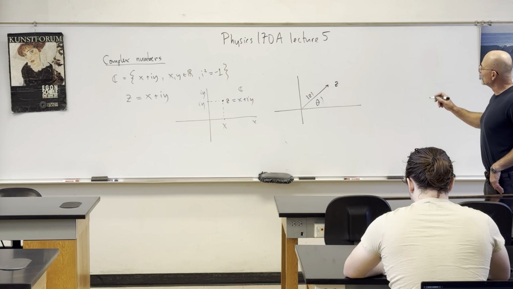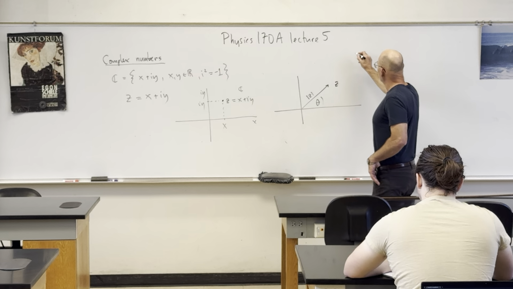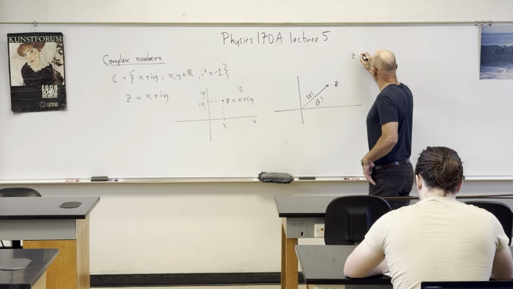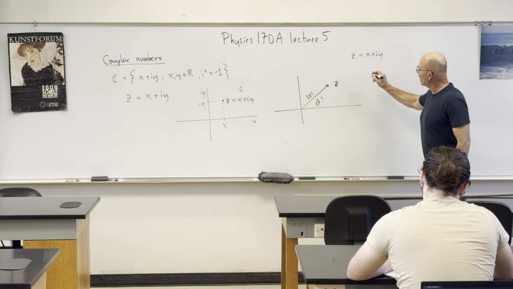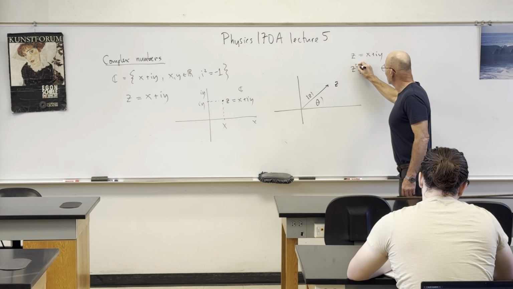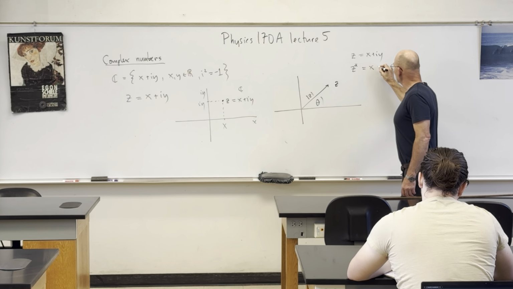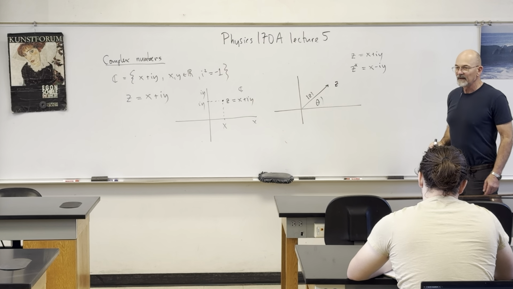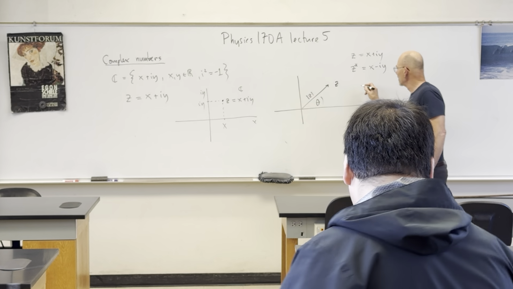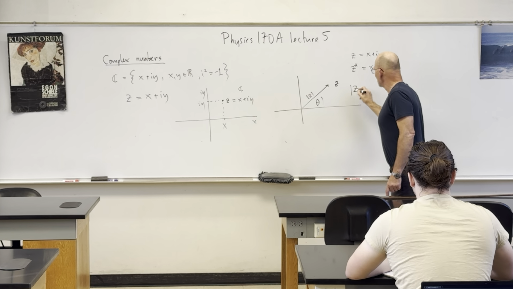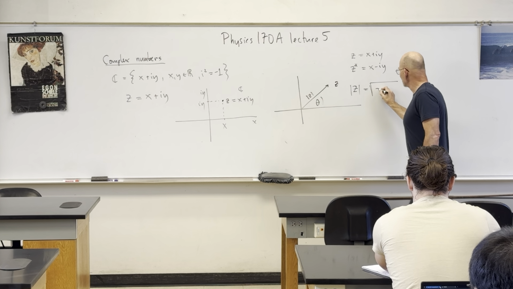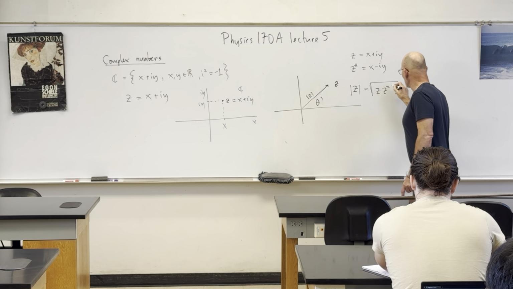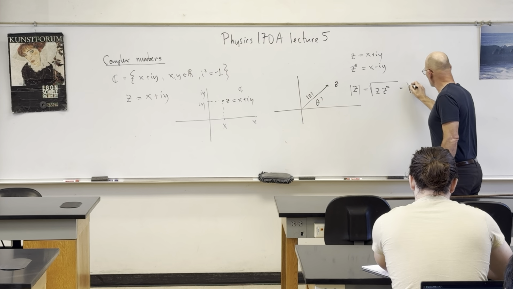So then we got to the actual magnitude, and what we said was we had to define the complex conjugate, where we just replace i with negative i. And then the magnitude of z was equal to the square root of z z star.